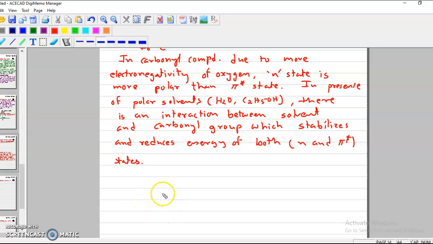So what happened in this case? Let us see this one. The negative oxygen of the carbonyl group attracts the positive hydrogen of the polar solvent, maybe alcohol or water, because hydrogen is partly positive and oxygen is partly negative, and they will form intermolecular hydrogen bonds.